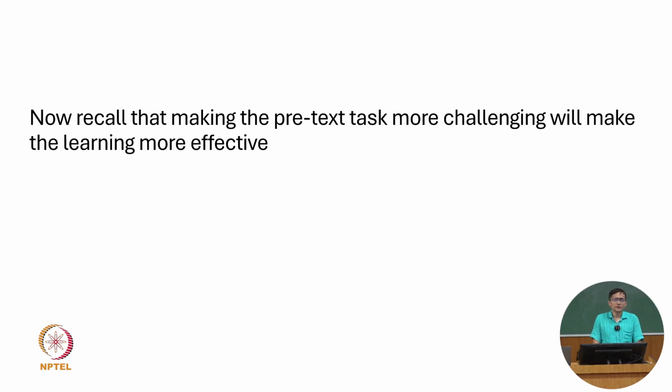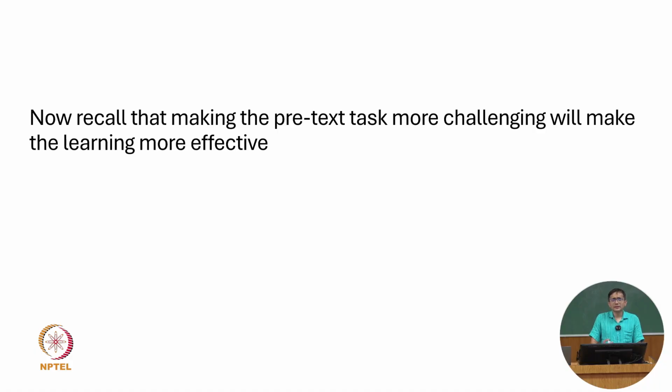So you recall from our last lecture, we have discussed this particular plot where we said that if we could somehow plot in the x-axis, let's say the difficulty of the pretext task, and in the y-axis the effectiveness of self-supervised learning, you would see that initially the effectiveness of the self-supervised learning will improve with more difficult pretext task.